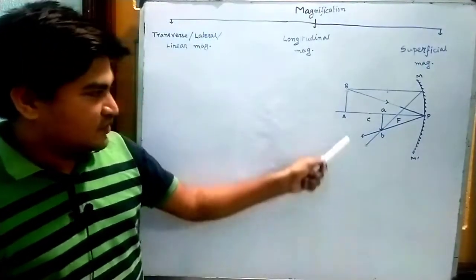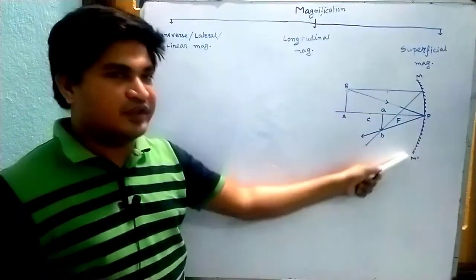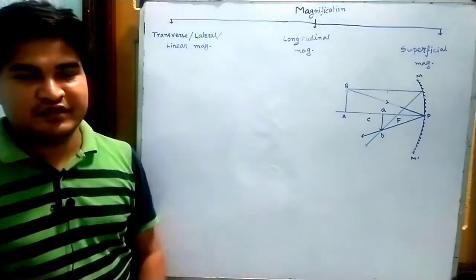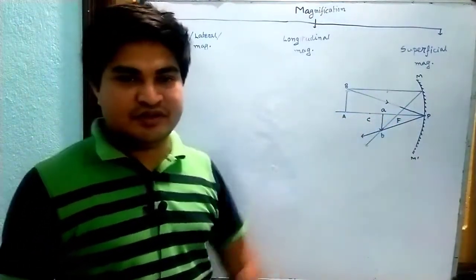In this figure you can see AB is the object and small ab is the image produced by a concave mirror. So linear magnification is the ratio of the image height to the object height.